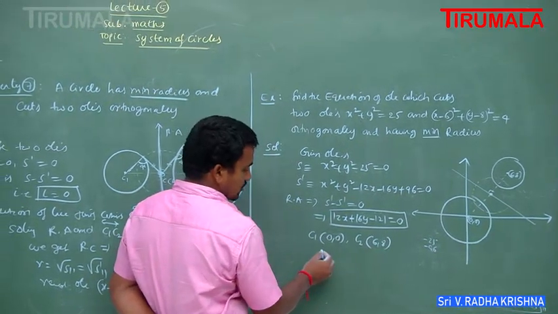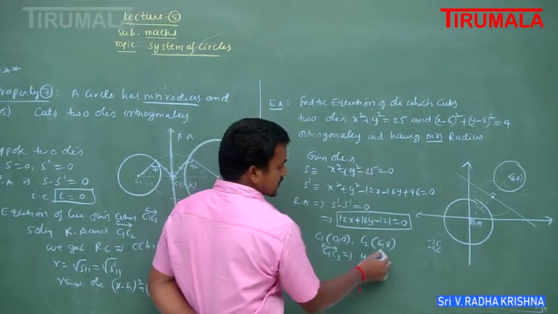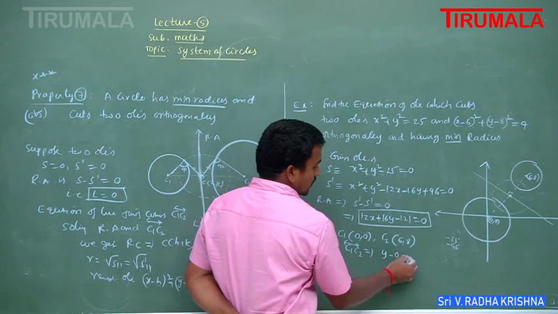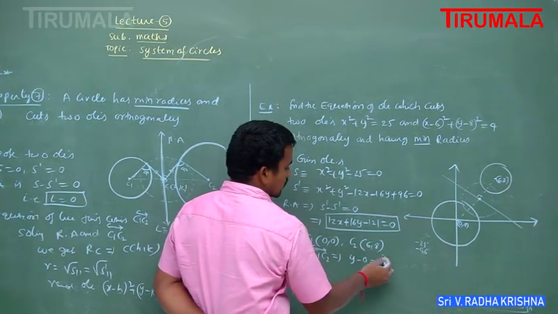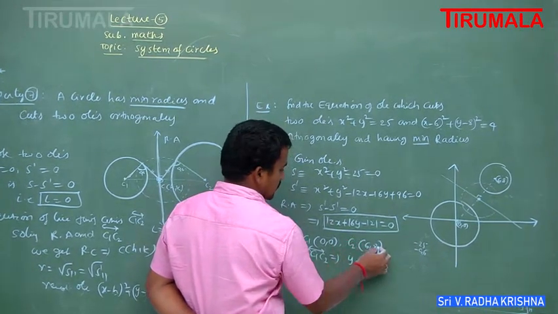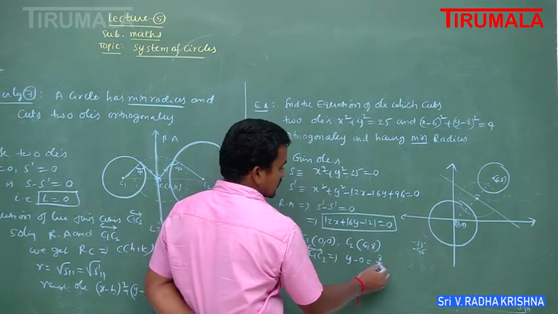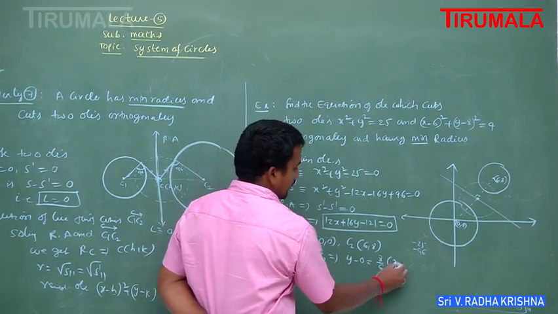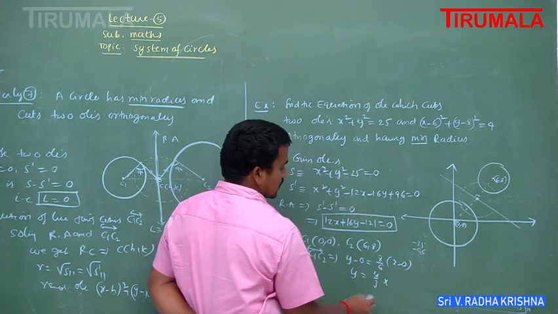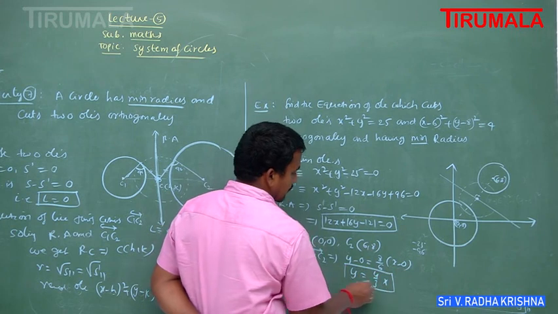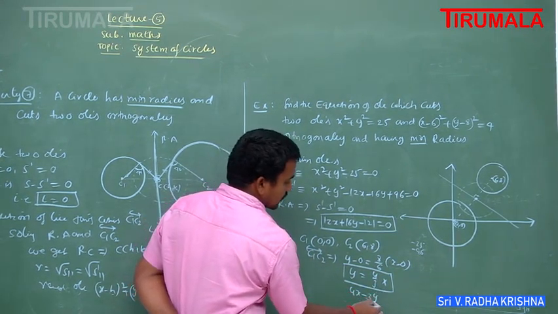So the equation of the line joining C1 C2 is given by the two-point form. Equation of the line in the two-point form: y minus y1 equal to (y2 minus y1) by (x2 minus x1) into (x minus x1), that is y minus 0 equal to (8 minus 0) by (6 minus 0) into (x minus 0). So y equal to 4 by 3 x. So this is the second equation. This is also 4x minus 3y equal to 0.